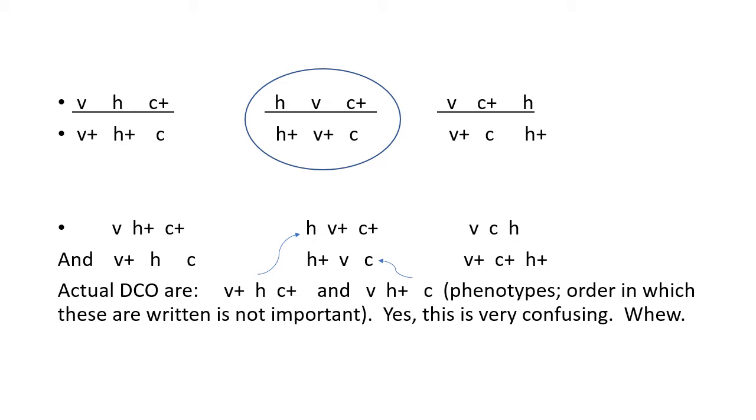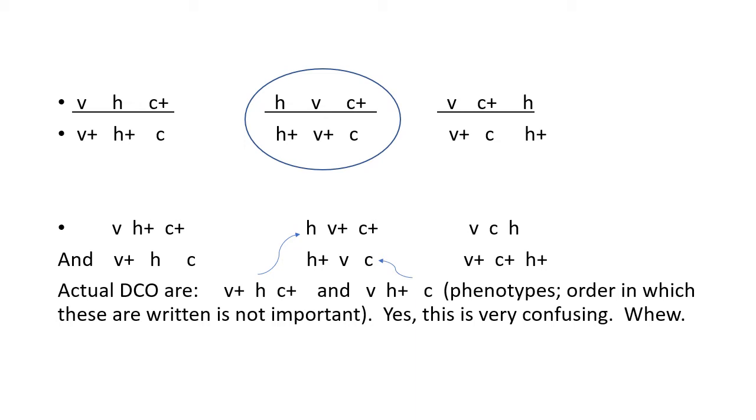If you look at the actual alleles on that particular pair of homologs, you can see one matches, and the one that doesn't match is the V plus. Here we have H, V, C plus, and we have H, V plus, C plus. The V plus is the one that's different, so we're putting the V in the middle. The other one, similarly, is H plus, V, C, and this has the H plus C, and then the V plus is in the middle, so the V is the one that's different. So that's consistent with what we found before.